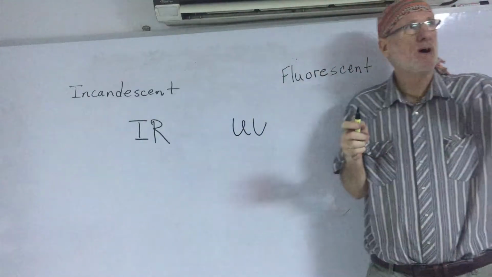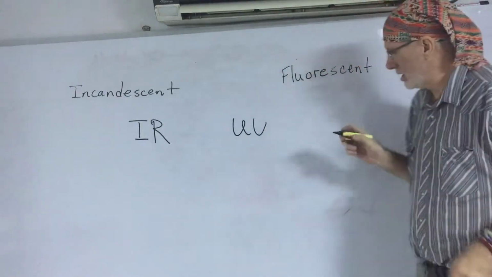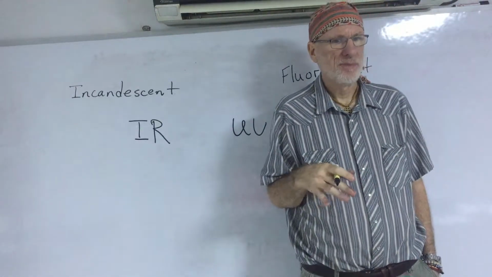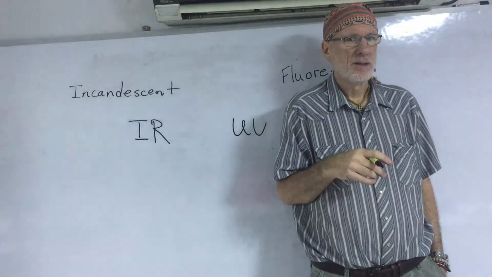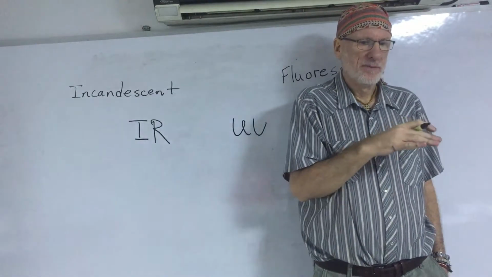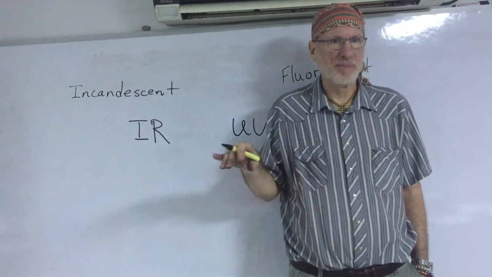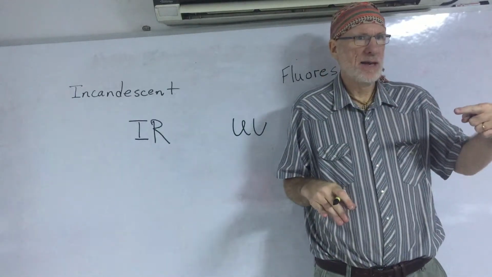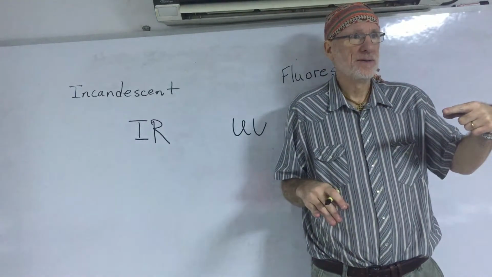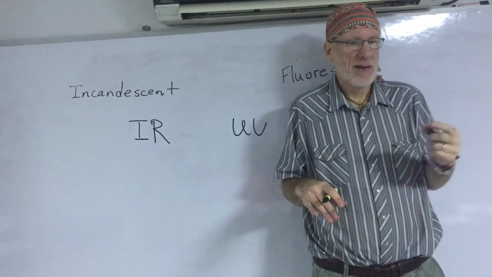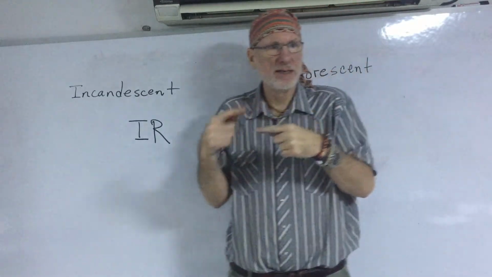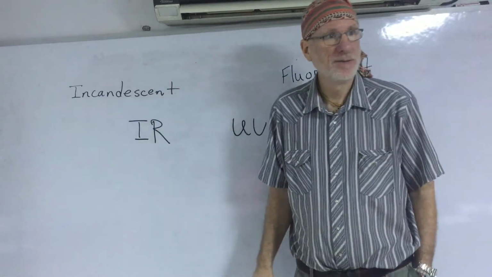Fluorescent bulbs are like these. They are bulbs that are filled with mercury vapor, and you run an electric current through it, right? And you produce ultraviolet rays. Now the ultraviolet rays hit the white coating on the inside, and it turns it to white light.